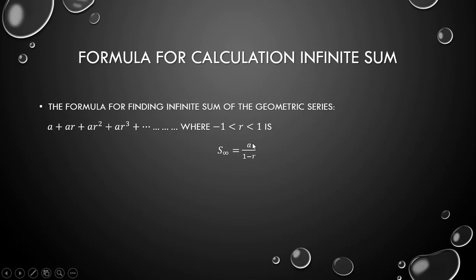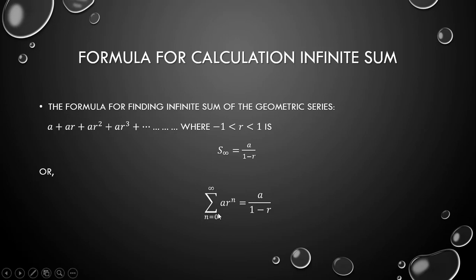It can be written like this: summation of ar to the power n, where n goes from 0 to infinity, and it is equal to a by 1 minus r.